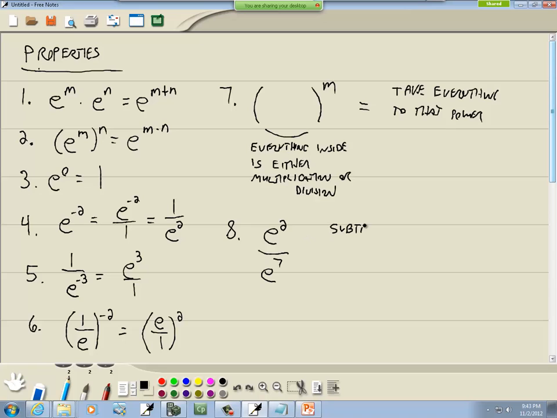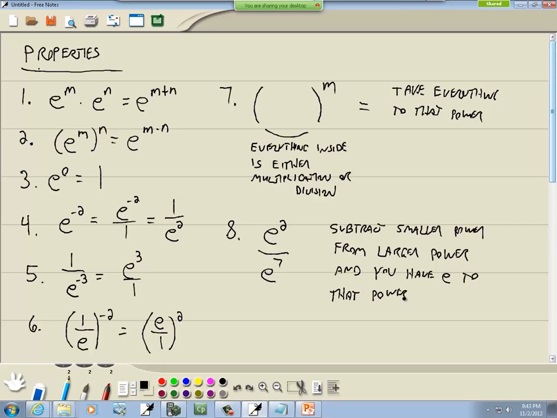What you do is you subtract the smaller power from the larger power, and you have e to that power where the larger exponent was.